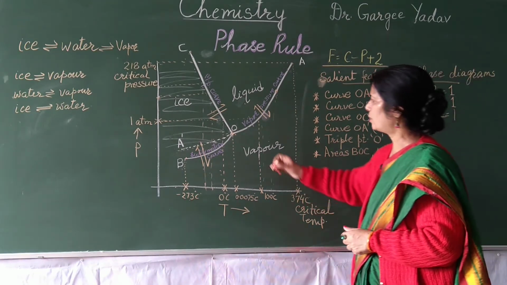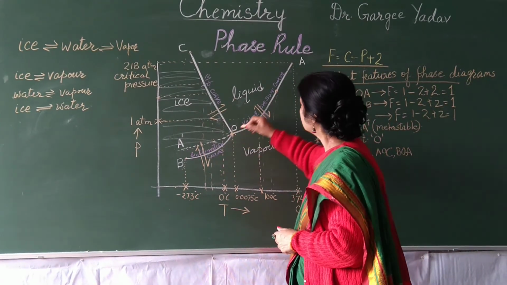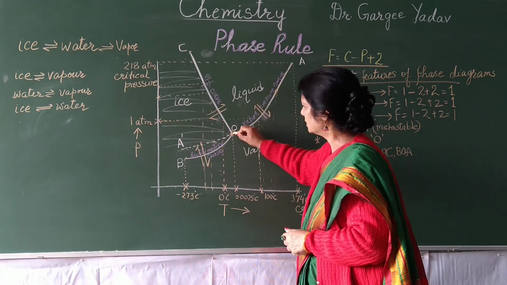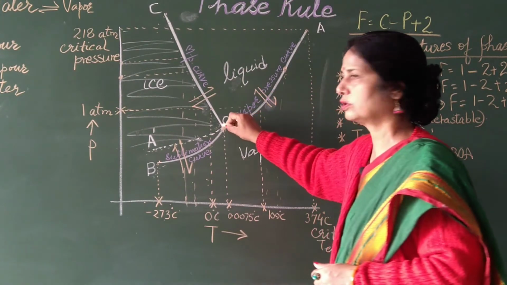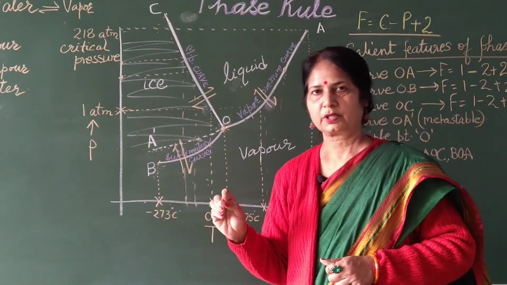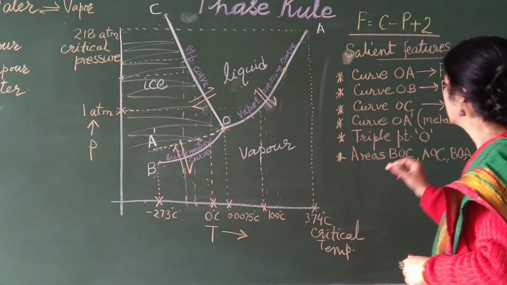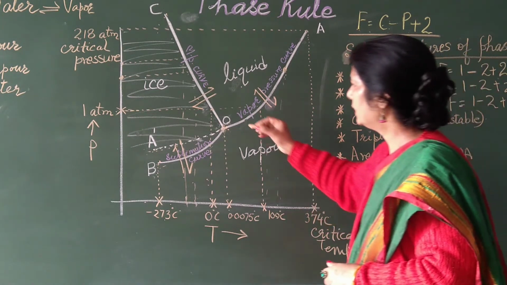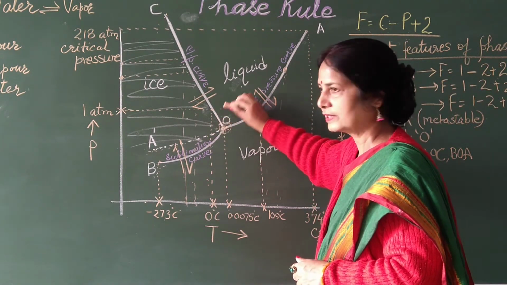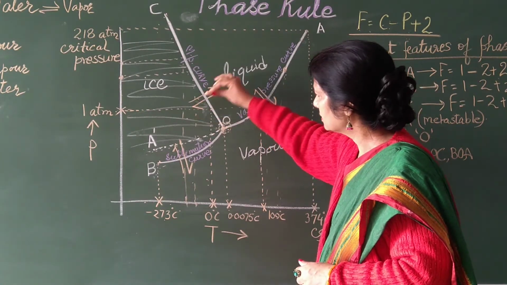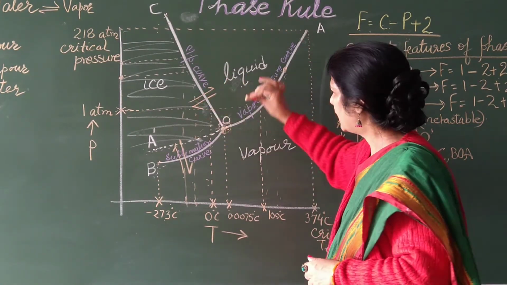Now comes this point O. We see that this curve AO is meeting over here with OB, and this fusion curve also meets at a certain point. This point is known as the triple point, and here all the three phases coexist. Here we have the liquid phase, the ice, meaning the solid phase, and the vapor phase.